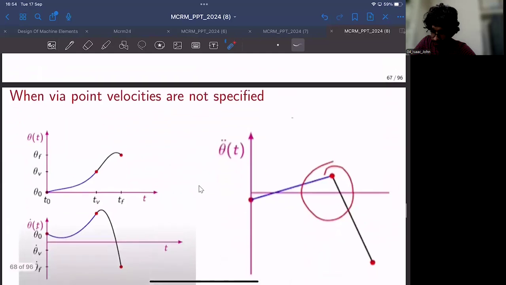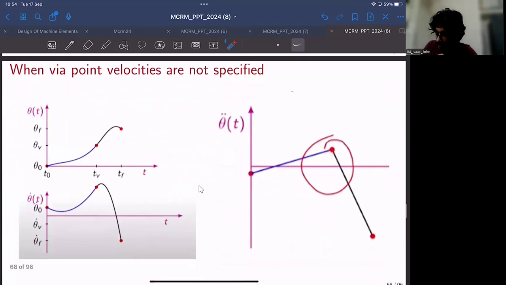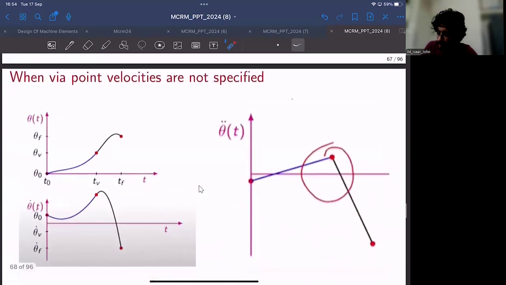In the case where the via point velocities are not specified, the position profile would look something like this. Velocity would also be a smooth curve, and in acceleration, even though there is a small discontinuity like this here, there is no sudden jump like what we have seen over here, and it's more or less connected.